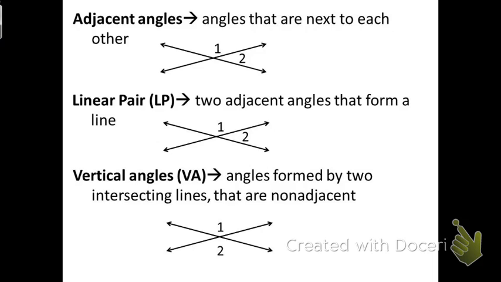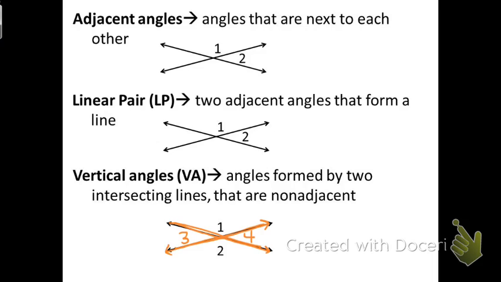Vertical angles are angles that are formed by two intersecting lines, and they are non-adjacent. So we have this angle here, 1, and angle 2. Now they are not next to each other. I like to say they form an X. So angle 1 and 2 would form that X. If I had angles 3 and 4, 3 and 4 would also be known as vertical angles.